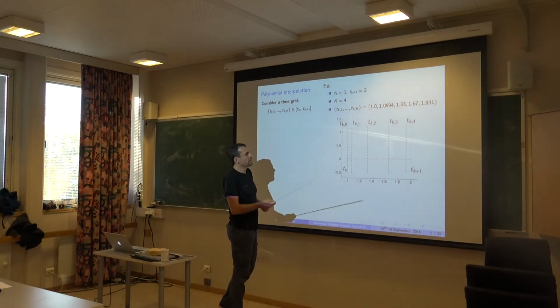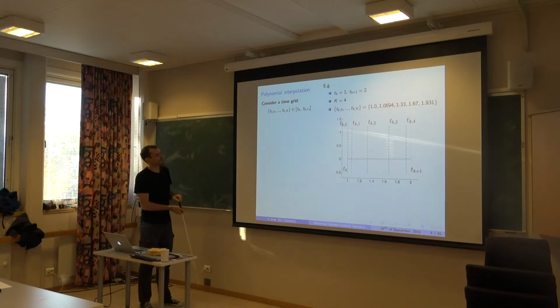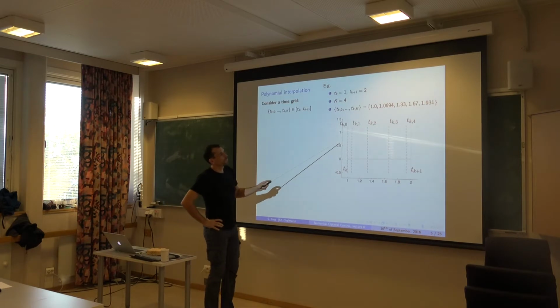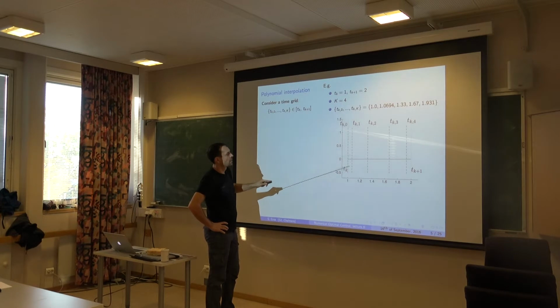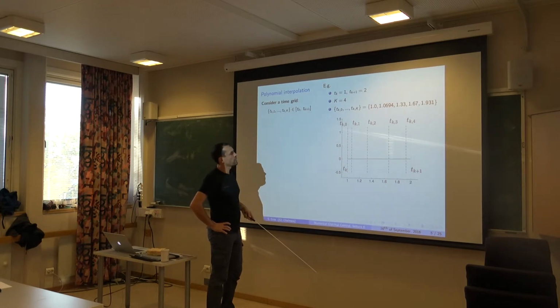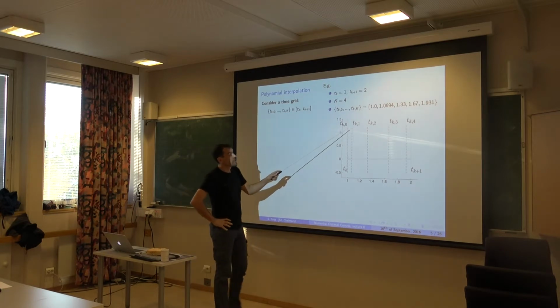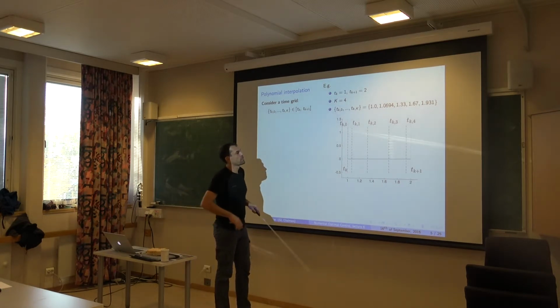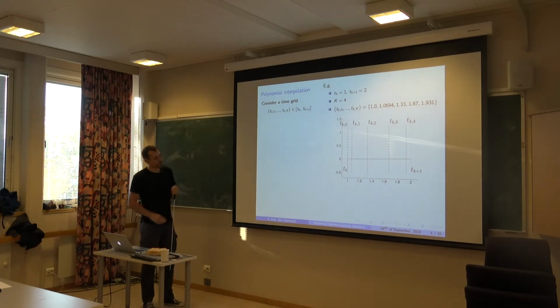I said that yesterday already, and that's not for random reasons. You should actually choose them in a good way. Here I chose essentially 4 points plus t_k. That's one specific choice of grid, so I have my capital K equals 4, and I'll build a polynomial of degree 4 here. You can select how many of these time points you want to choose. You can take larger or smaller numbers.